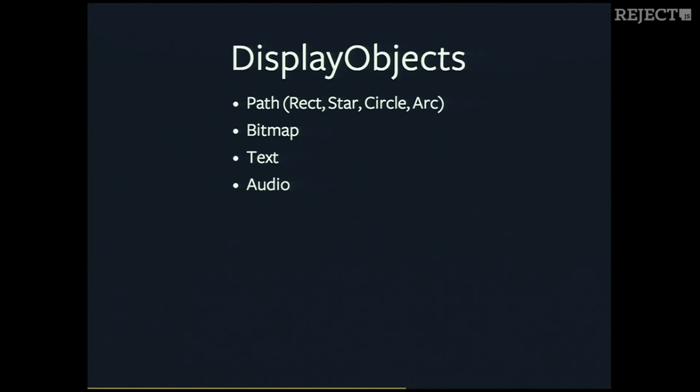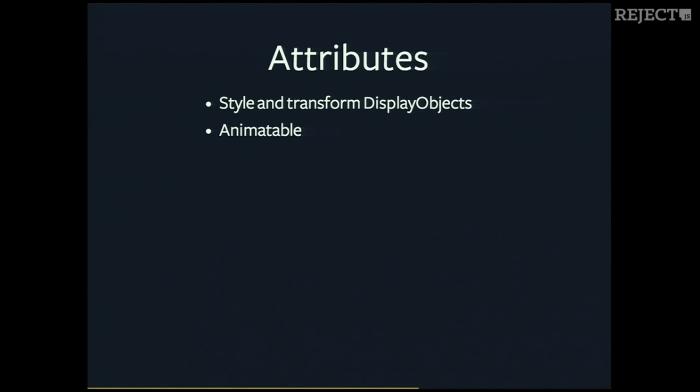Okay, let's sum it up. We have display objects: path, bitmaps, text, audio, and also experimental video support. That's the display objects. Display objects have attributes for changing the style and transform, and those attributes are animatable.